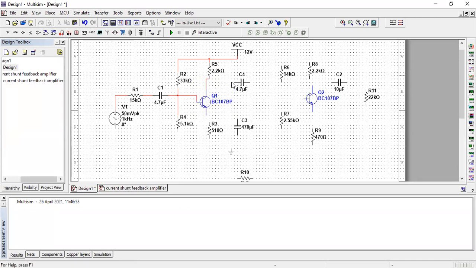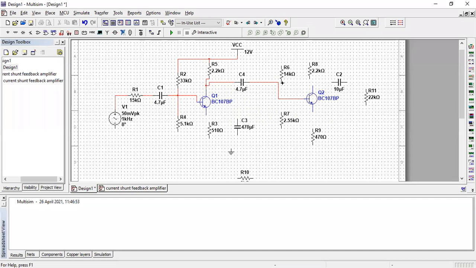From this capacitor to this one, and from this connection to what is the next connection I should give? So from this to the base I should connect.